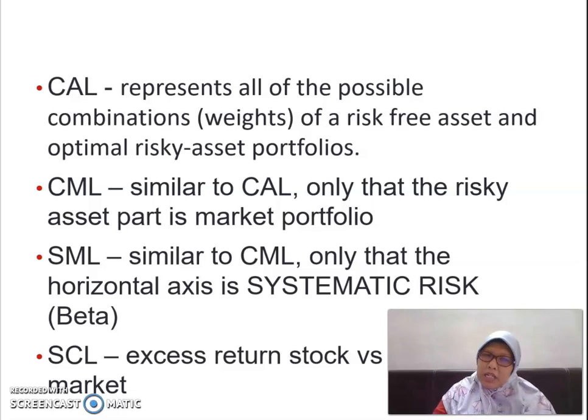SML is similar to CML, only that the horizontal axis is systematic risk, which is beta. So when you are asked to draw the CAPM model, you are referring to SML. SCL, later we will see, is between excess return of stock versus excess return of the market.